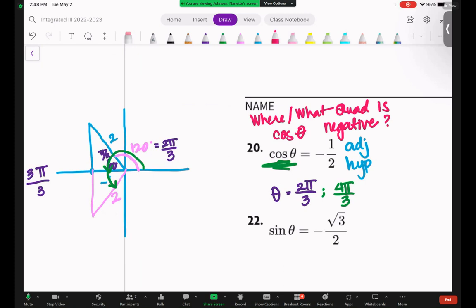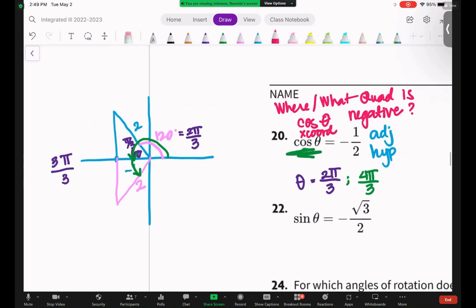So if you know about cosine, we're really talking about the x coordinate. So in which quadrants are the x coordinates negative? Yeah, not here because x is positive.